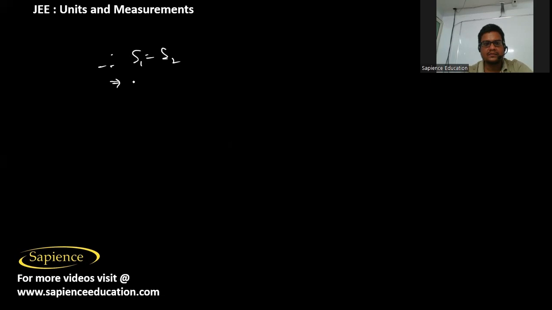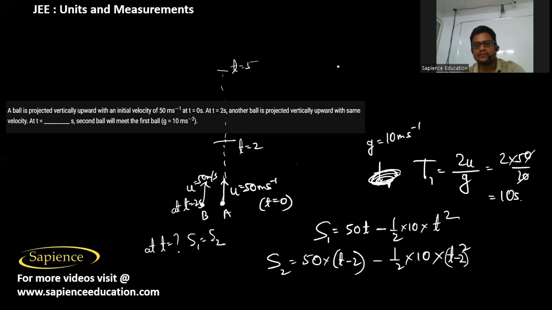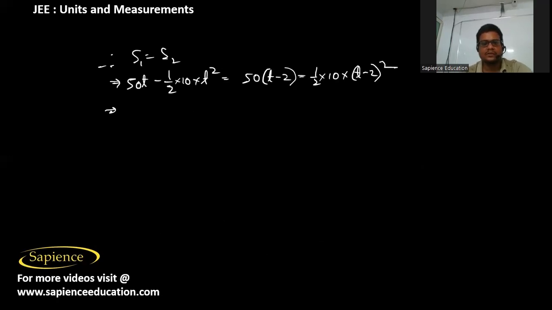So S1 is 50t minus half into 10 into t square, that will be equal to 50 into t minus 2 minus half g into t minus 2 whole square. So therefore this will be 50t minus 5t square, equal to 50t minus 100 minus 5 into t minus 2 whole square.